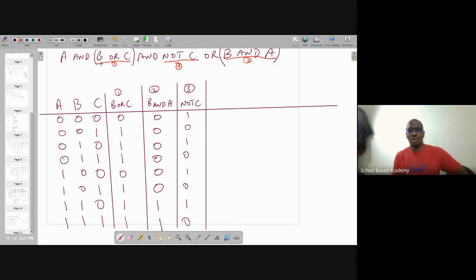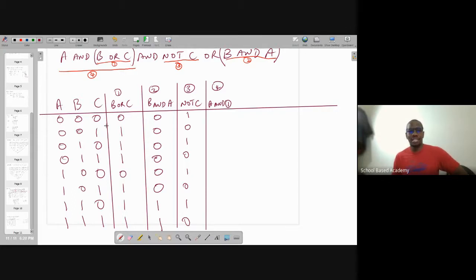So we're taking A and the result of column 1, which is B or C, as the fourth thing that we're doing. This result here is the result from the first column and A. So the fourth thing that we do is A and the result of column 1.